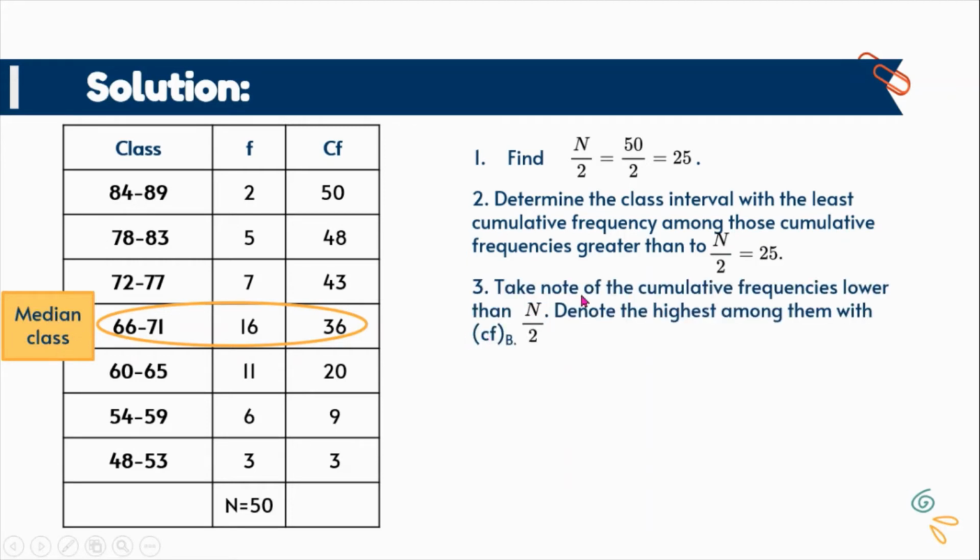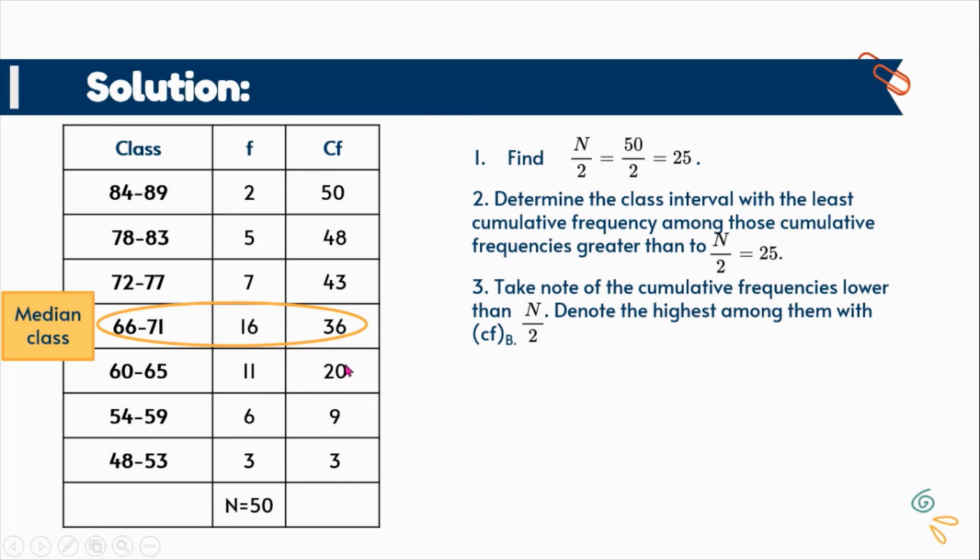Next, take note of the cumulative frequencies lower than n over 2. Our n over 2 is 25. Lower than 25 are 9 and 3. Denote the highest among them as CF sub B. So this is the highest among the frequencies lower than n over 2.